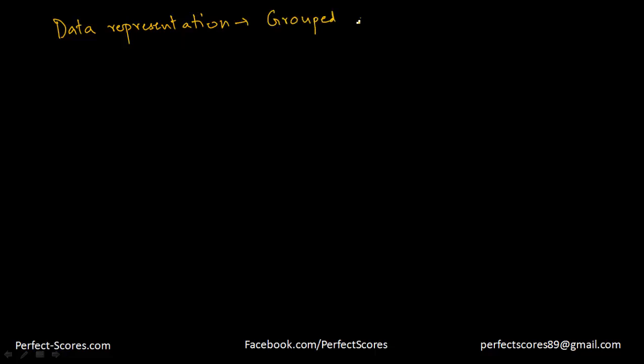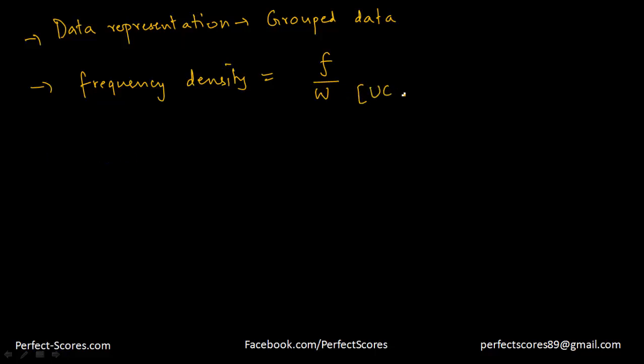And you find another variable, which is frequency density, equal to the frequency over the class width, and class width is nothing but the upper class limit minus the lower class limit, right? This is how the histogram looks: this is the frequency density, these are the x values.